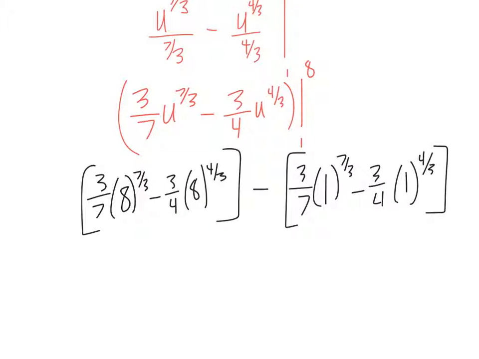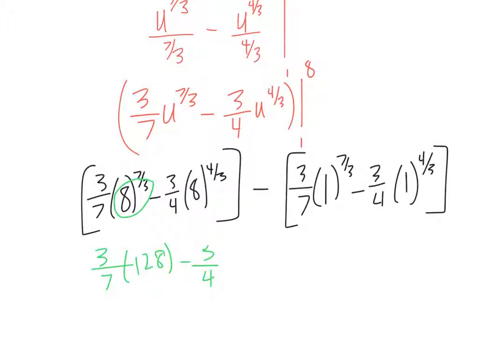Okay, so remember when you have a fractional power, that's a root. So this is kind of saying the cube root of 8. So the cube root of 8 is 2, and then 2 to the 7th power is 128. So I have 3 over 7 times 128, minus 3/4.